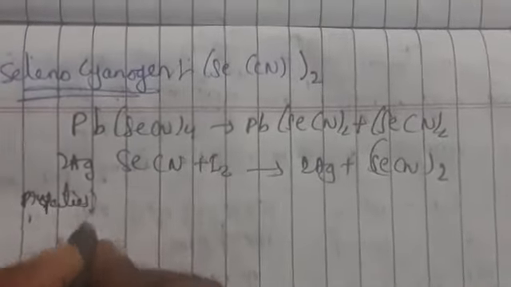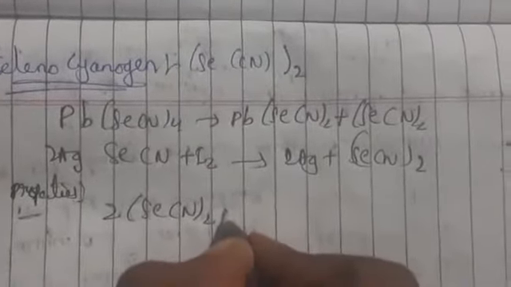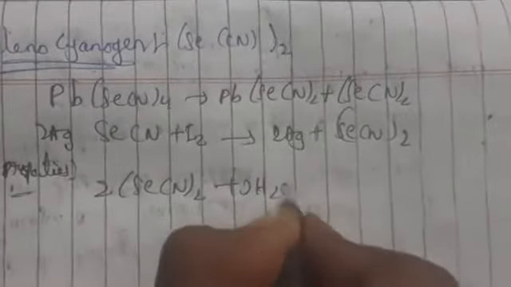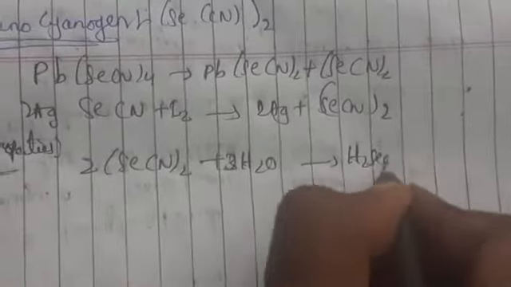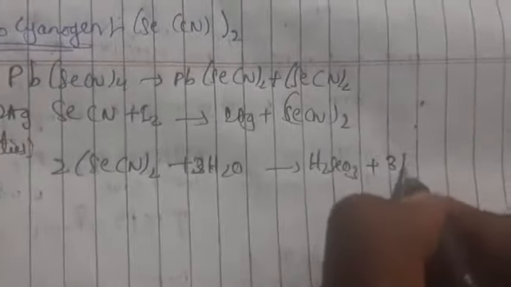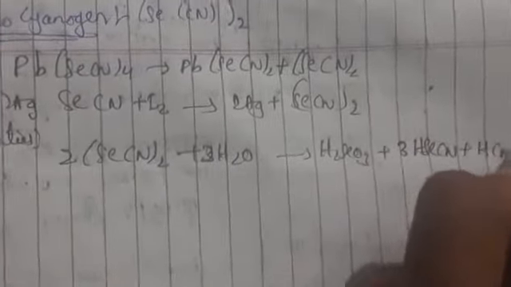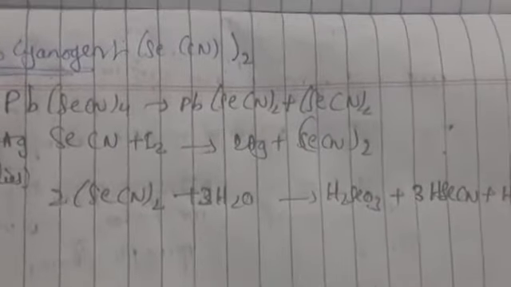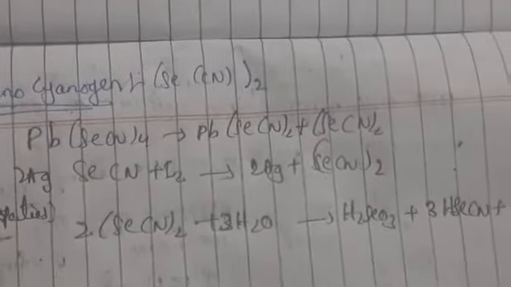And coming to properties, when you do hydrolysis, we are getting 2(SeCN)2 plus 3H2O molecules. It will give H2SeO3 plus 3HSeCN plus HCN. So these are the products. It is a crystalline powder, stable, which is soluble in C6H6, organic solvents mainly.